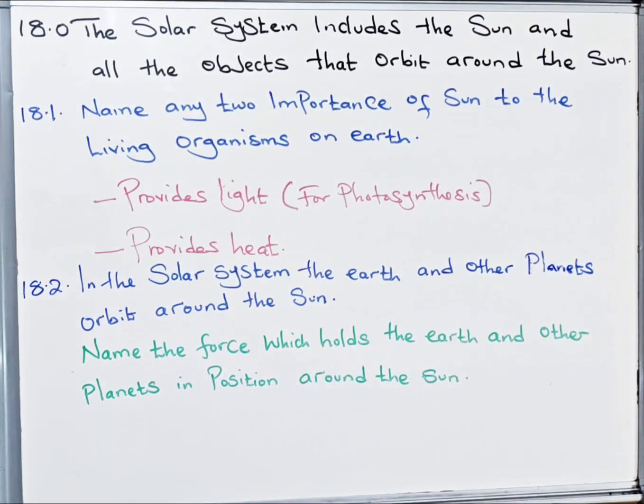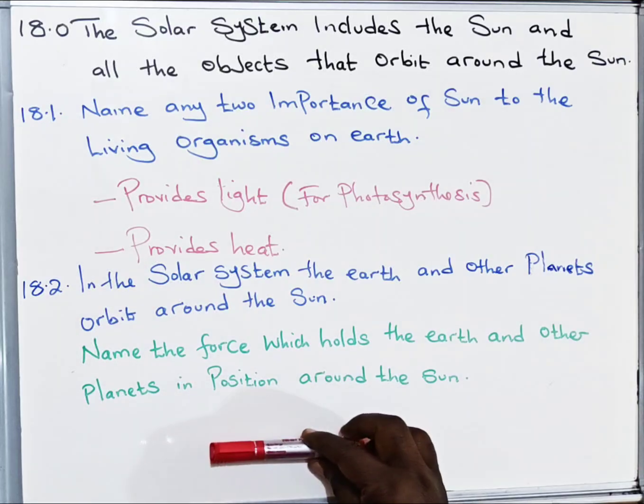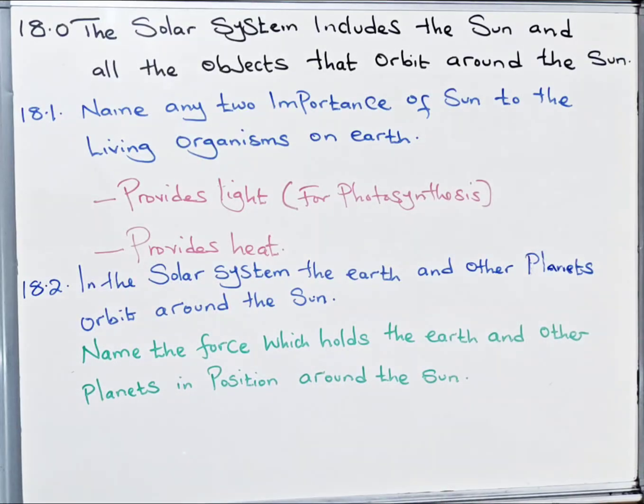What force is holding them in there? We would expect them to spiral over and move away, but they are sticking around the sun in that particular path, rotating. What force is holding these planets in position? The answer is the force of gravity.